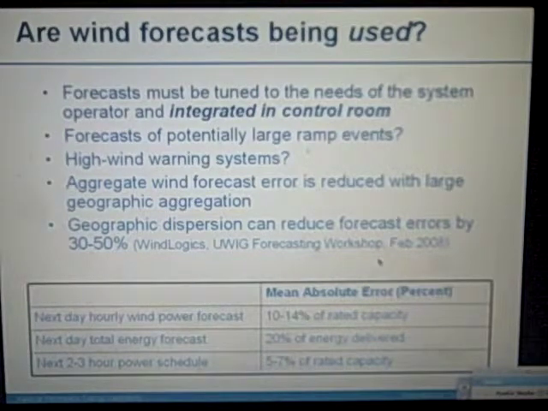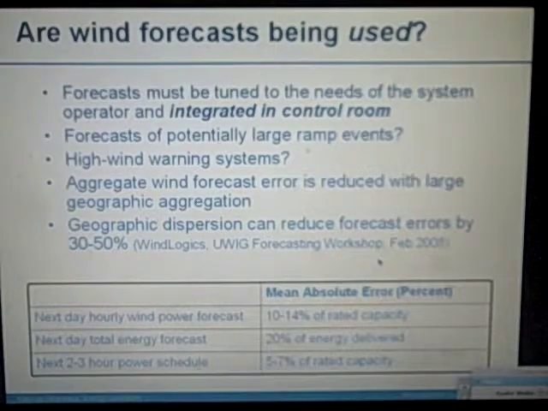There's some other really important issues with respect to forecasting, one of which is, regardless of the accuracy of the forecast, partial knowledge is better than no knowledge at all. And the other, I call this a BFO, brilliant flash of the obvious. The forecast isn't going to do any good unless you put it in the hands of the system operator.